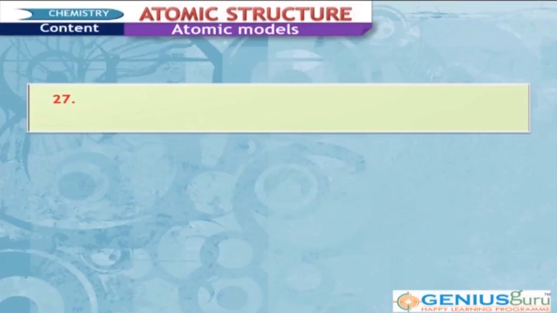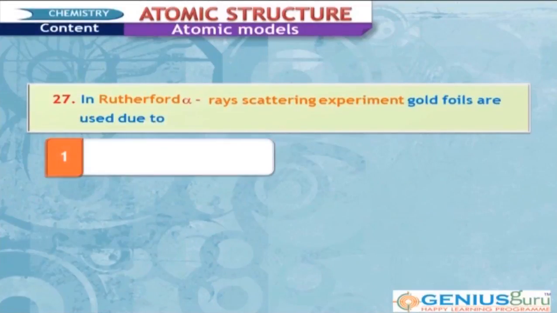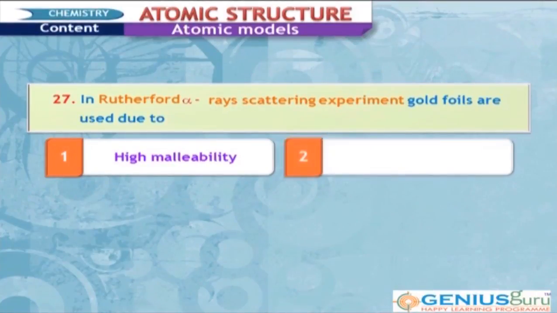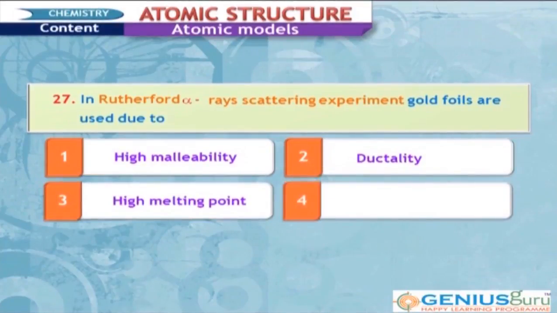Next question is, in Rutherford alpha ray scattering experiment, gold foils are used due to? Here are the options. The first one is high malleability, second one ductility, third one high melting point, and fourth one high ionization energy.